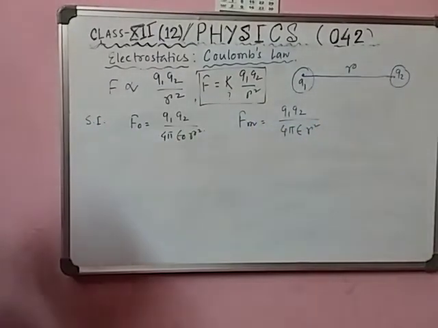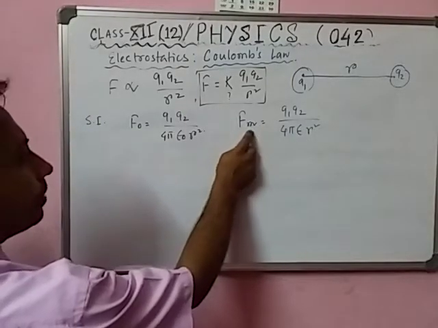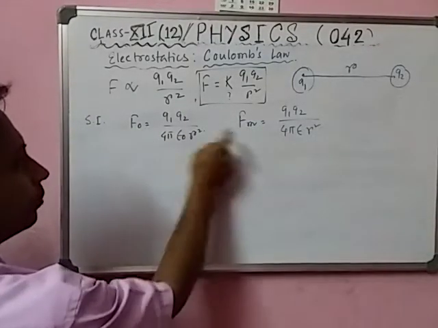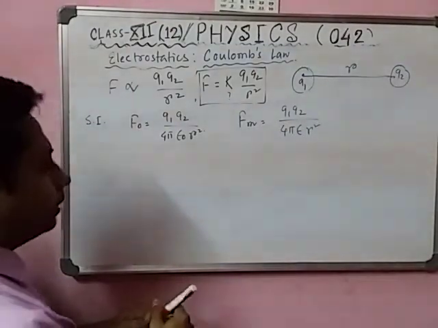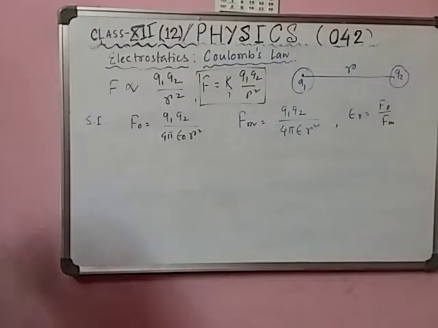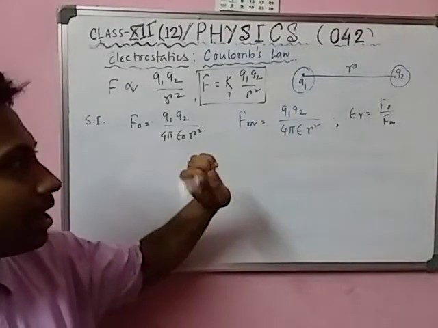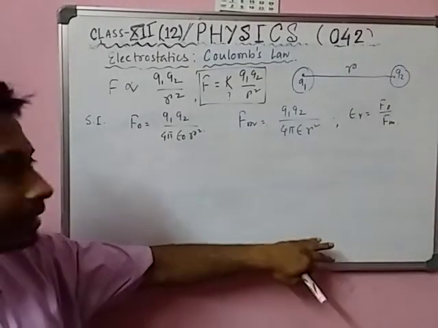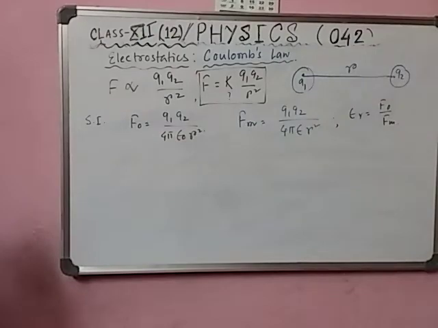If you divide F naught by Fm, you will get epsilon r. See, epsilon r is equal to F naught by Fm. Am I right? Because force and epsilon are inversely proportional, right? So you can write it like this.